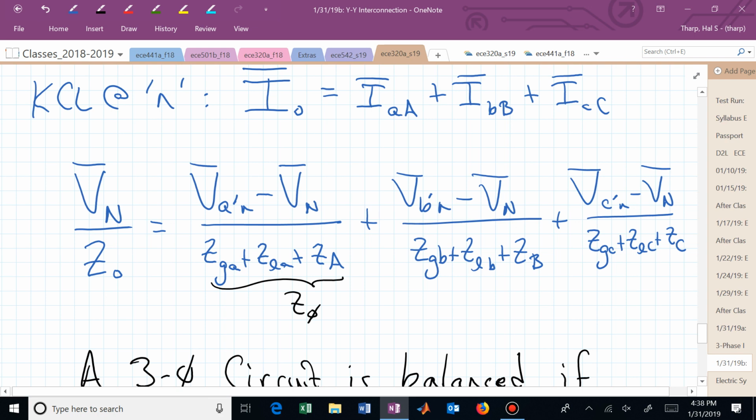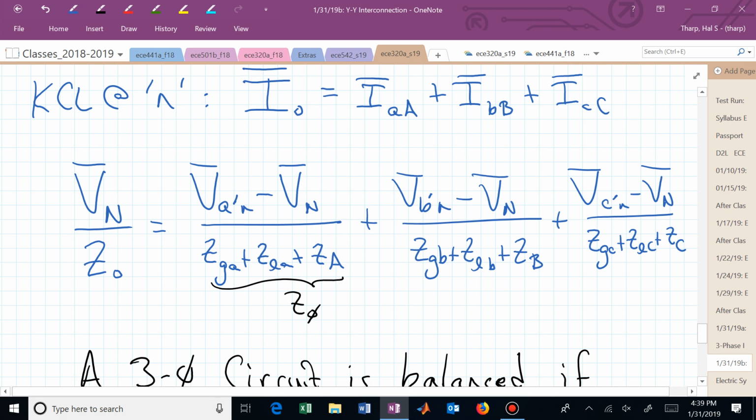We have V sub n over Z sub 0, but then we have V sub n over Z sub phi 3 times with a negative sign, so when we move it over, that just comes over as a plus. And if it's balanced, the denominator Z sub phi is the same, and in the numerator we have V sub A prime n plus V sub B prime n plus V sub C prime n.